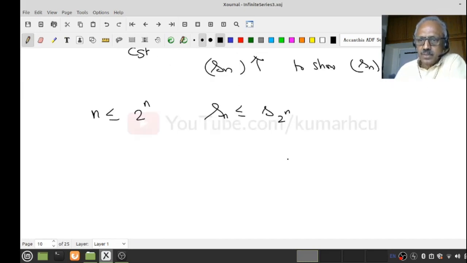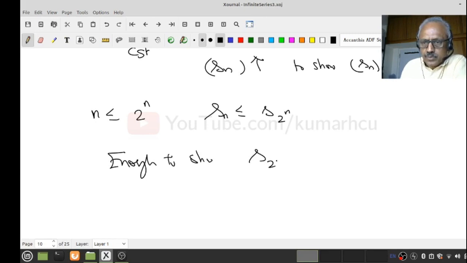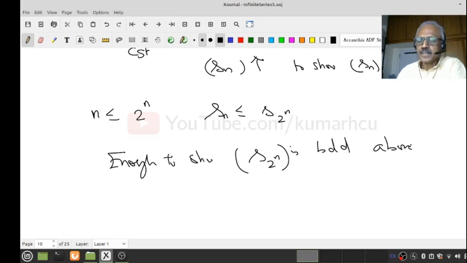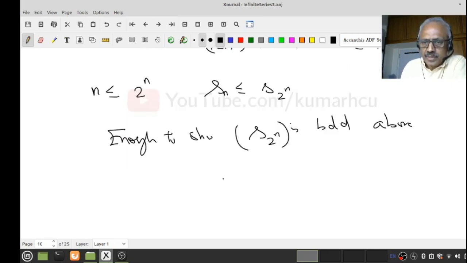So enough to show s 2 to the power n is bounded above. But what is s 2 to the power n? It is 1 plus r to the power n minus 1, right?